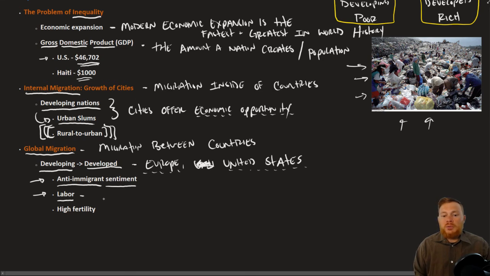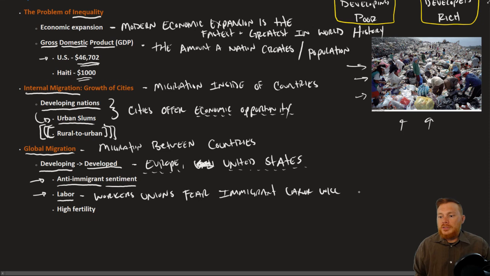So for example, labor and workers' unions fear immigrant labor will depress wages, right? So if immigrants arriving in the United States and Europe are willing to work for less money, then that's going to put pressure on existing workers in the United States and Europe that they might not get paid as much as they did previously.